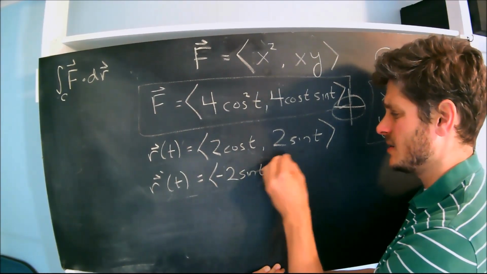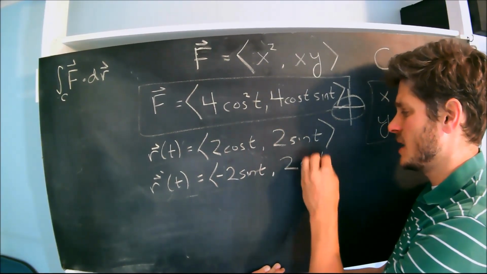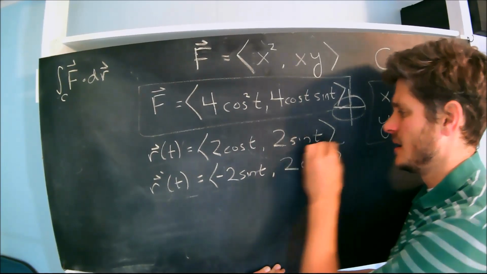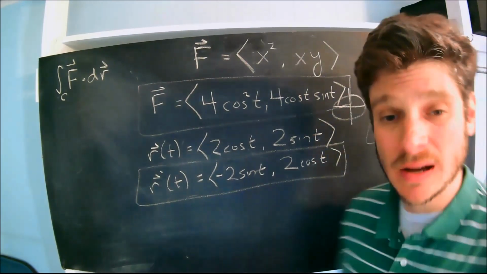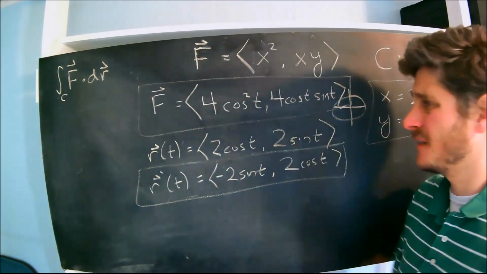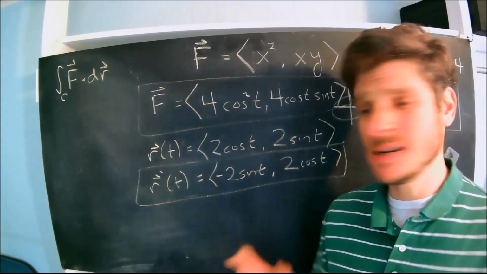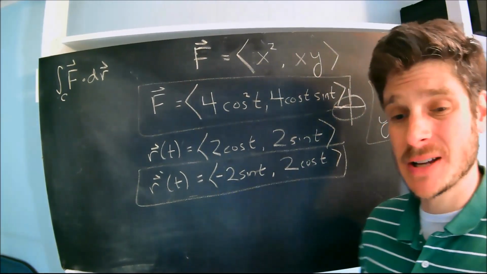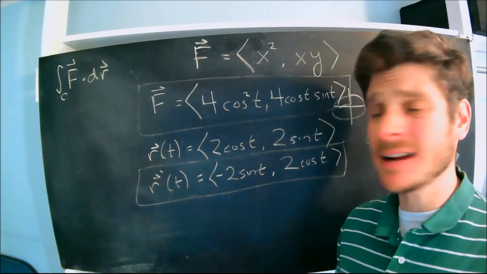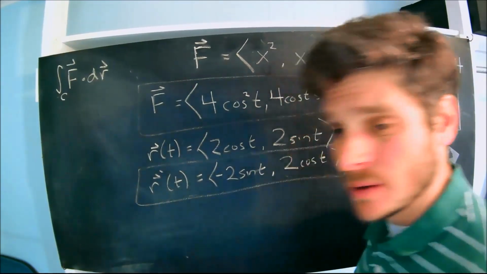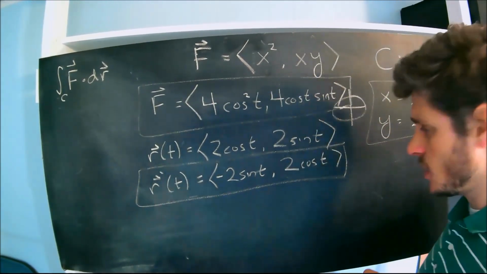The derivative of 2 sine t, 2 cosine t. And there we go. All right. I have my f parameterized all in terms of my variable t. I have r prime parameterized all in terms of my variable t.